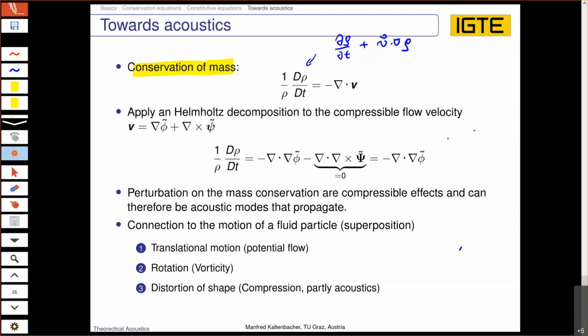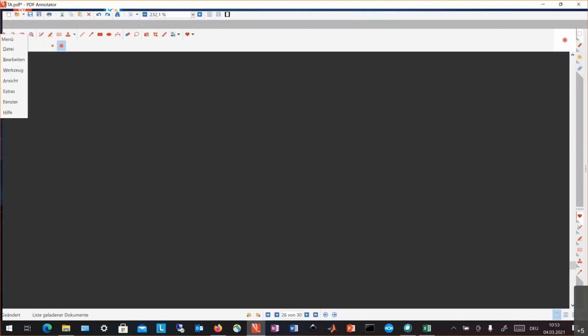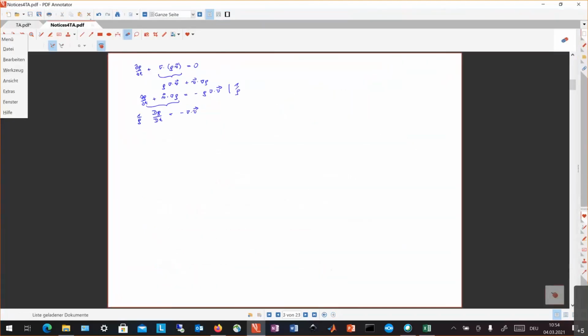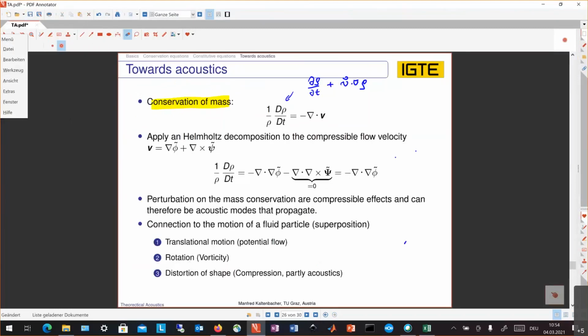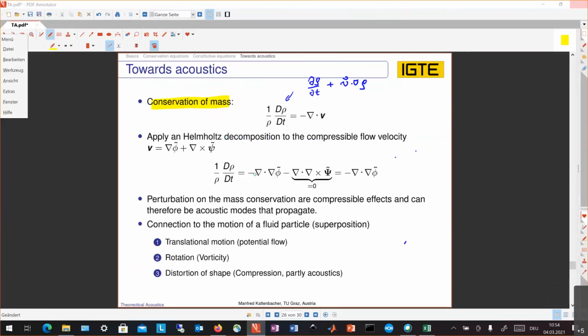Okay, now I have again the same problem, very interesting, with this annotator that sometimes it doesn't like. That's really strange that he has these problems.